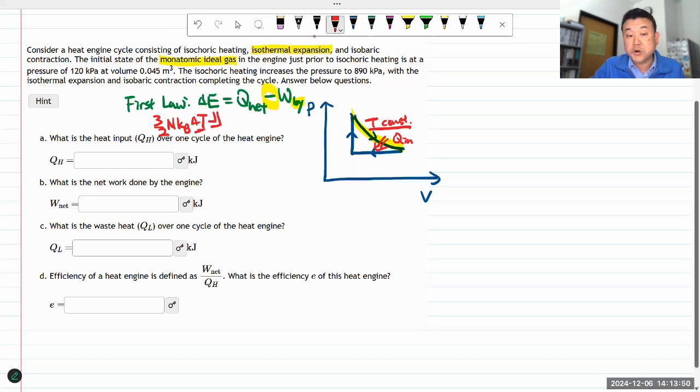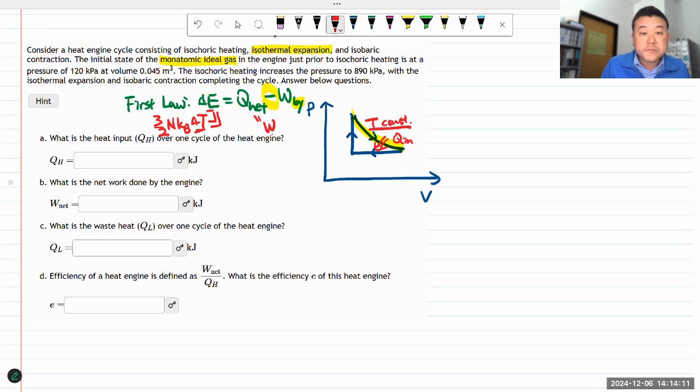So temperature not changing means internal energy not changing. And for that to happen, you need to have net heat transfer basically being equal to work being done. So that's the isothermal condition that you should understand as you approach this question.